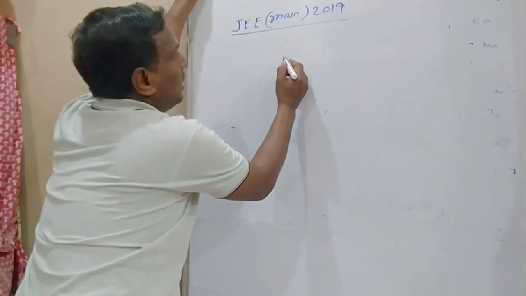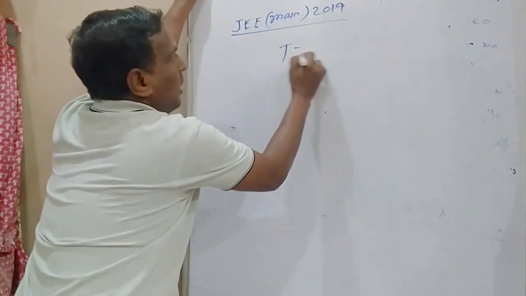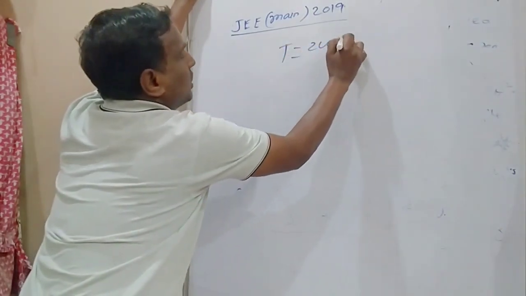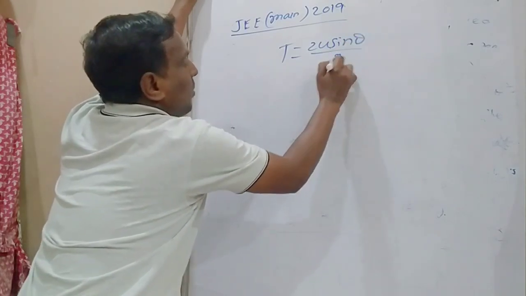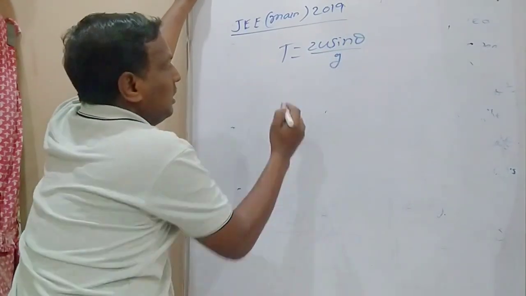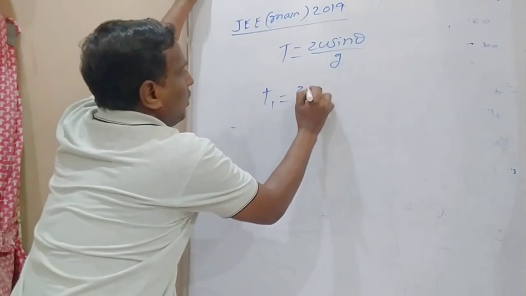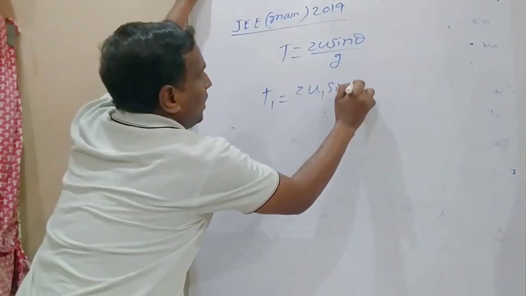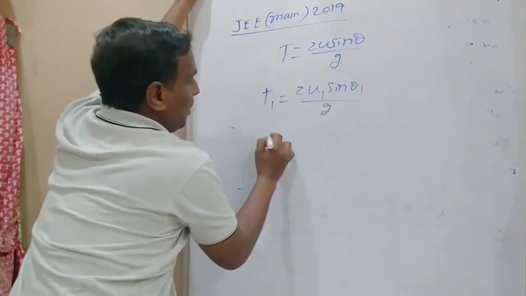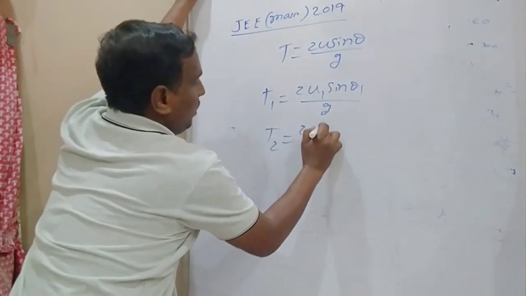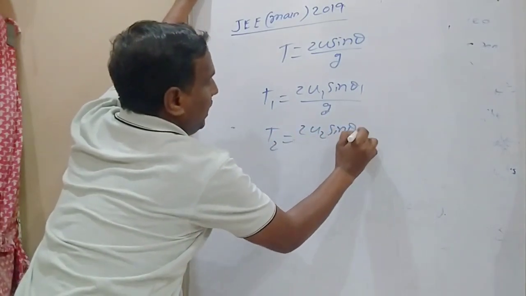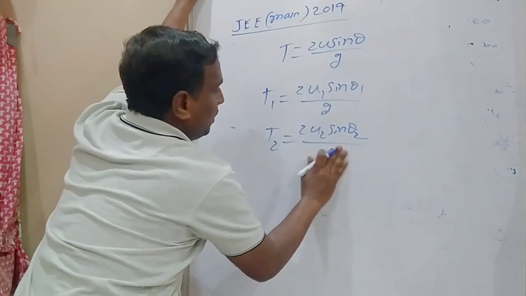See here. We know the time of flight formula, T equal to 2u sin theta by g. This is the general formula. Here two ways are there, so T1 equal to 2u1 sin theta 1 by g, T2 equal to 2u2 sin theta 2 by g.